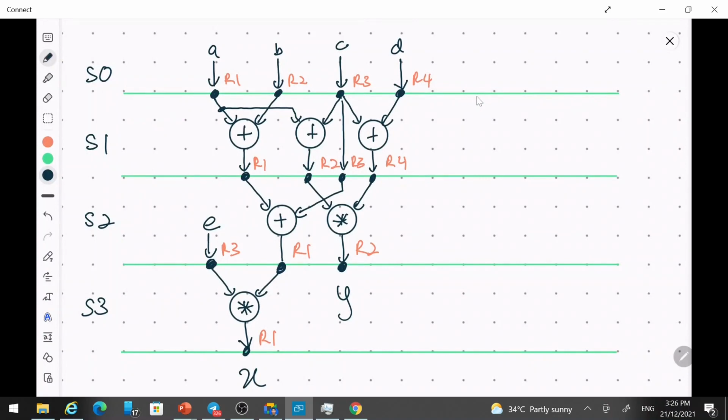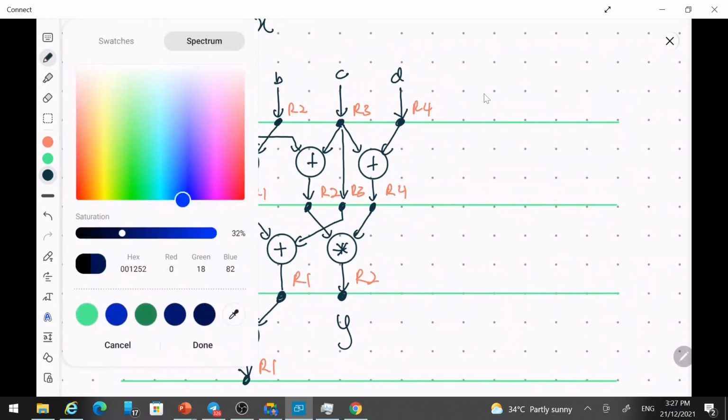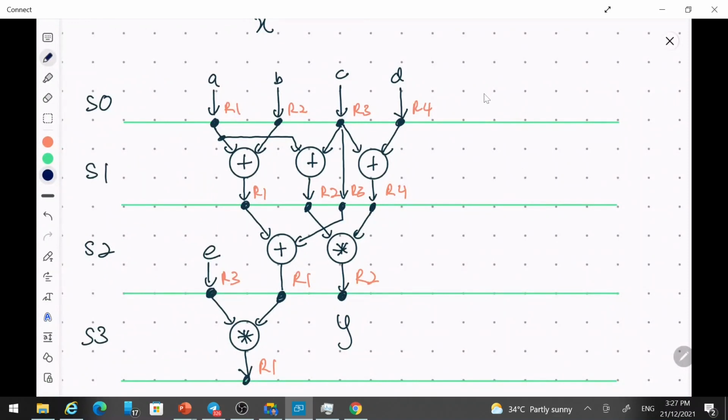Okay, so for example, at S0, you can see that the RTL code that represents the first operation is to load A into R1, right? So you can have R1 gets A. That is the first RTL notation, RTL code that we can write from this.